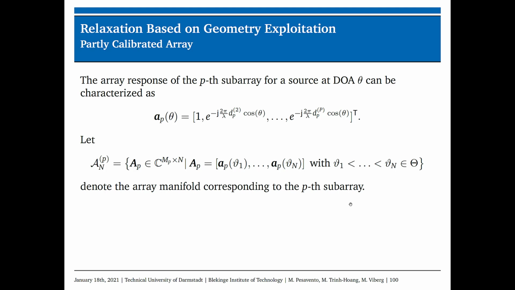Let the array response of the p-th subarray be given by a vector a p of theta, as given over here, and the corresponding n-source array manifold of the p-th subarray be a set of m p times n dimensional steering matrices with steering vectors of the structure given above.